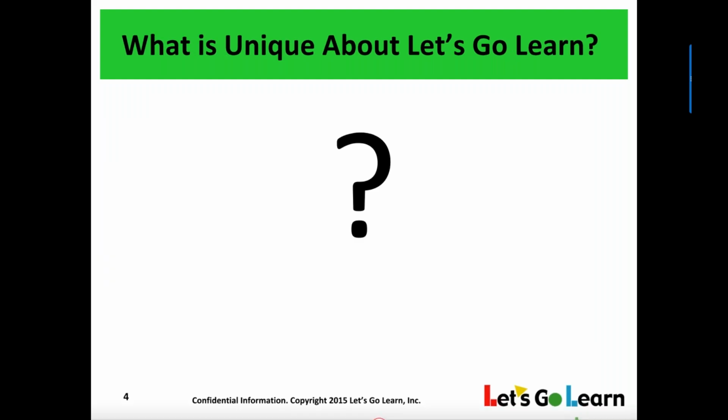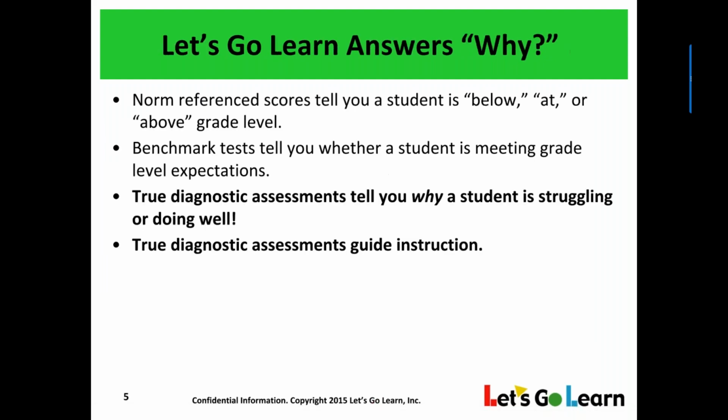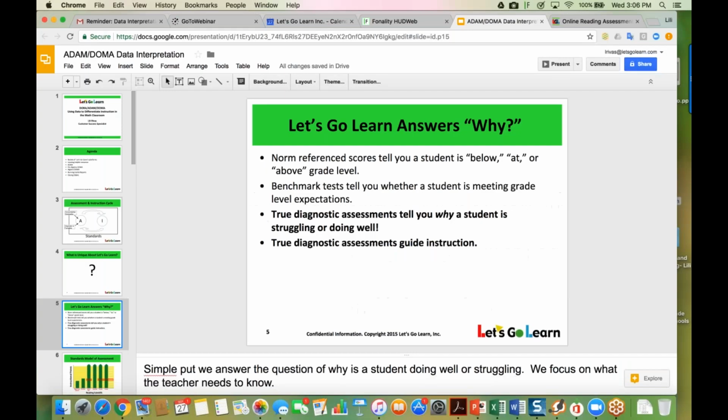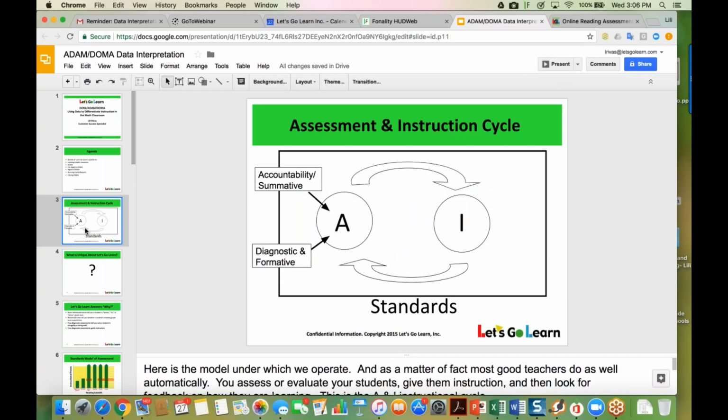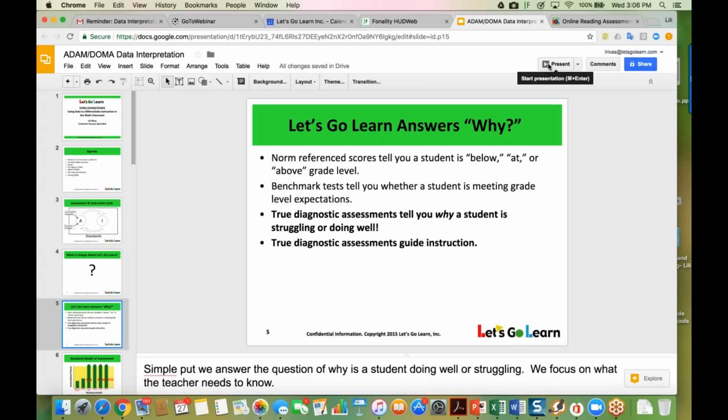So switching on to the next slide, I'll remind you what's unique about our platforms at Let's Go Learn. Well, like I was speaking about those summative assessments, sorry, I'll just go back to that slide. We're talking about accountability and summative assessments on that slide. We're not that type of test.